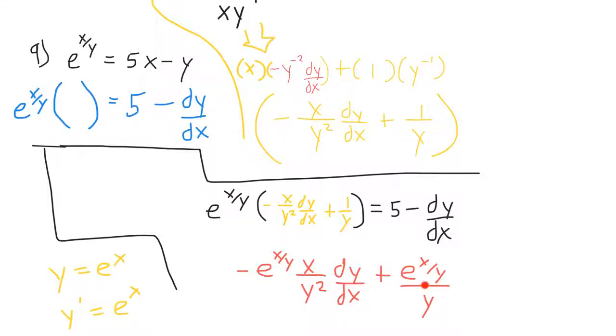That becomes this. And that whole thing equals 5 minus dy over dx.